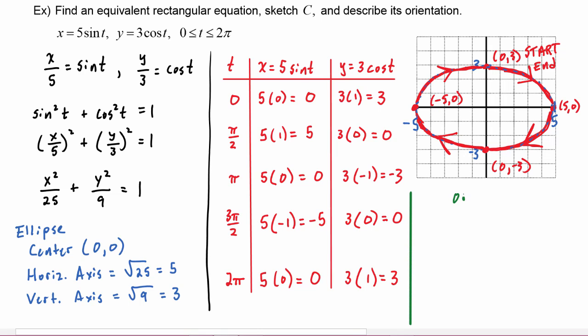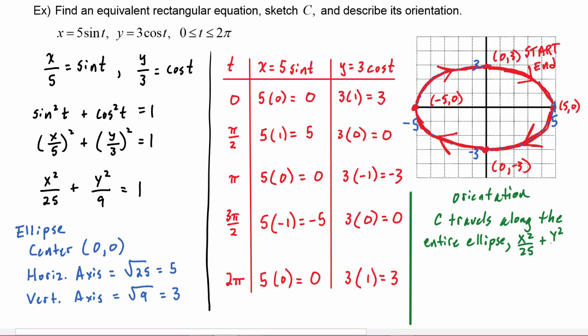So when we describe the orientation, we would say something like C travels along the entire ellipse x squared over 25 plus y squared over 9 is equal to 1.